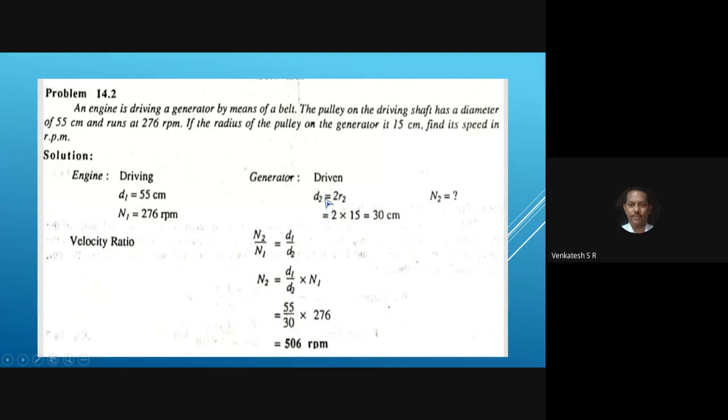You know the D2, 30 centimeter. And you know the RPM, N1, 276 RPM. Therefore, calculate the N2, that is 506 RPM.